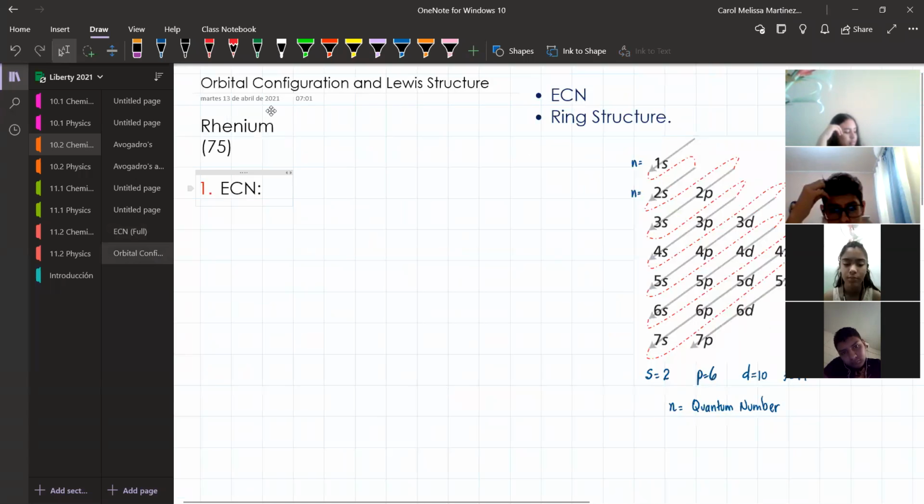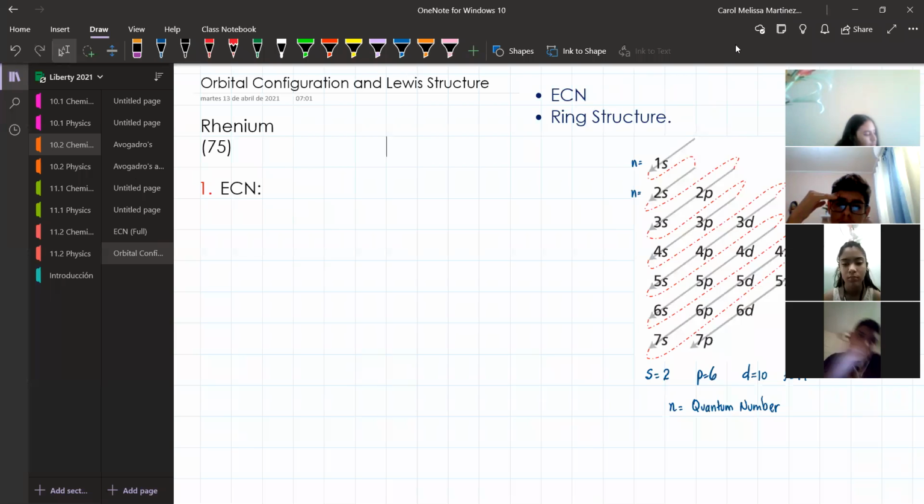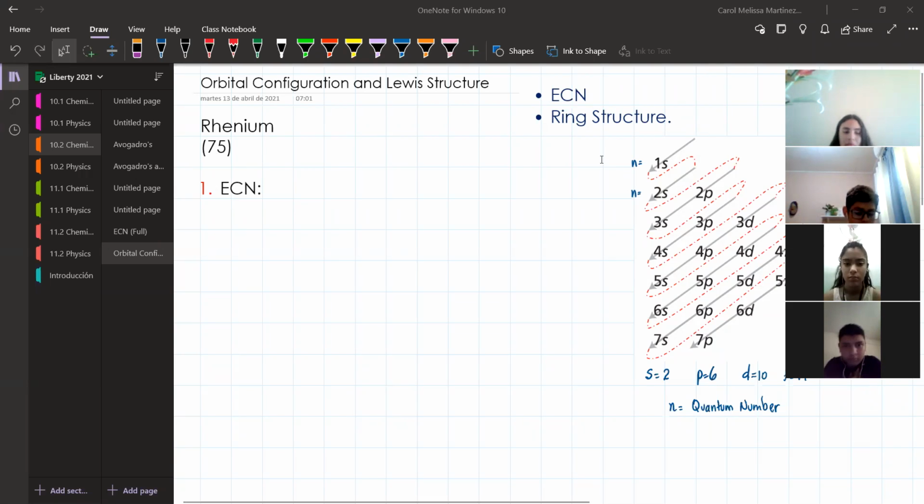So imagine that orbital configuration is the same topic, the same procedure, but longer because you have to do a few more steps. Okay, so how is this going to be done? In the same way, okay?